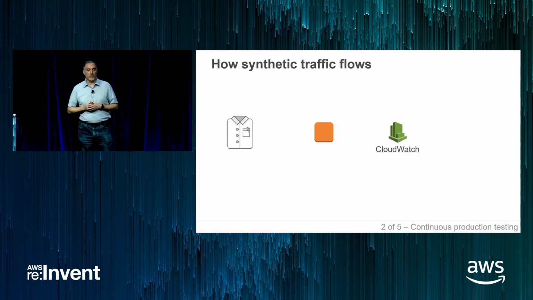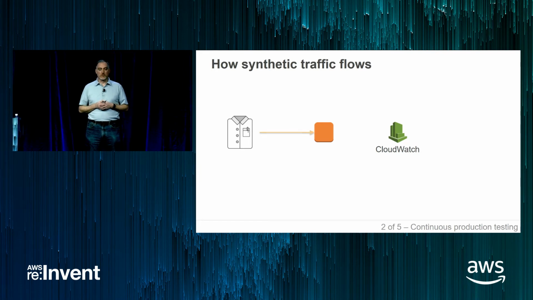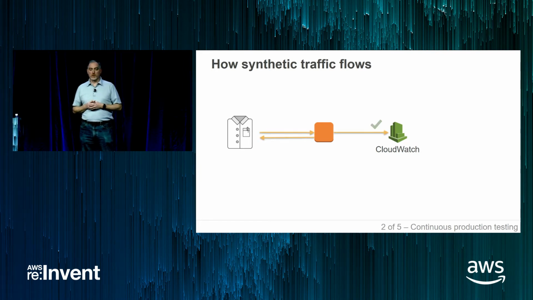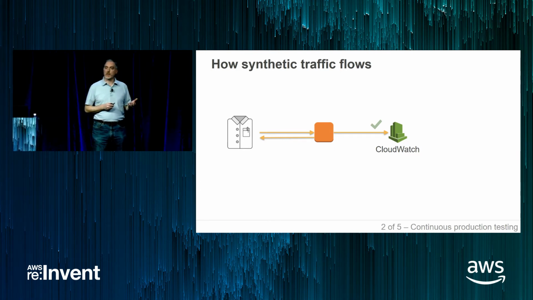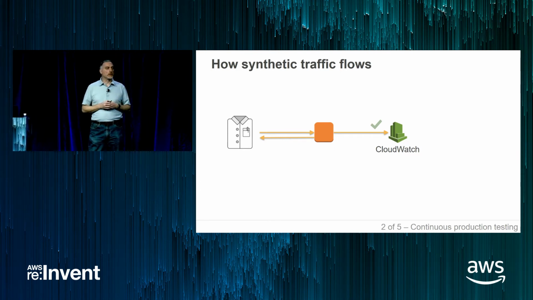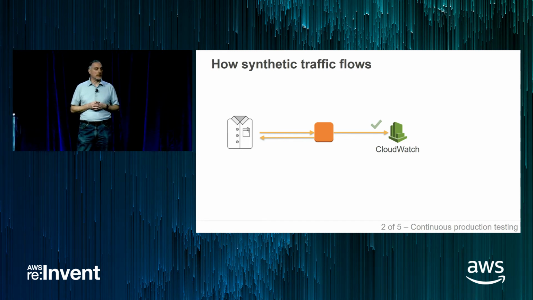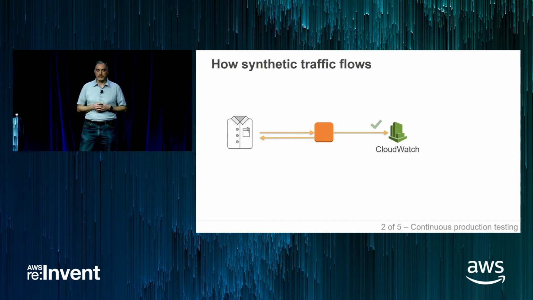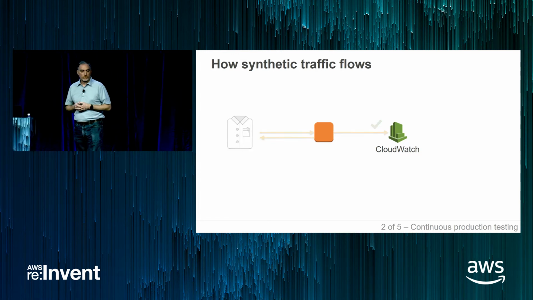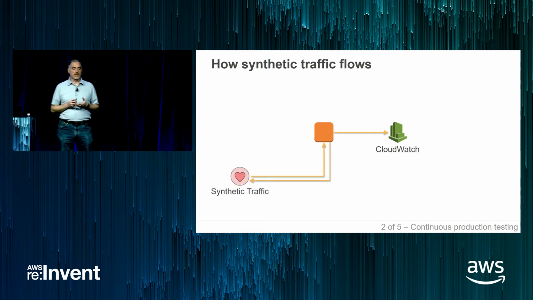All right, so let's look at the flow of how synthetic traffic works. When a customer uses our service, we return this successful result back to our customer and then report success to our monitoring system, in this case, CloudWatch. Our synthetic traffic has the same workflow.